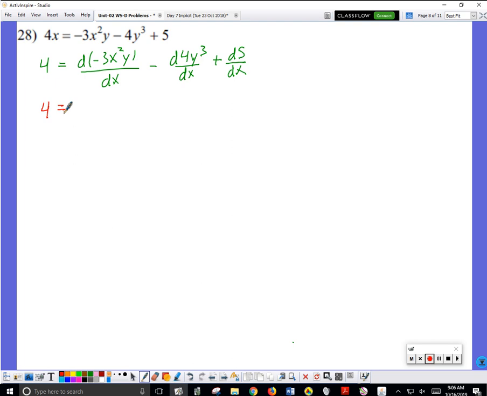Okay, that's one way. However, it's just as fast and easy to say, let's just think of this as f and this as g, and use the product rule. So I write down f, which is y, multiplied by derivative of g.